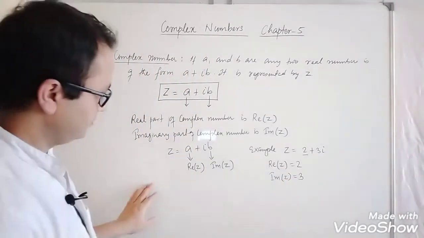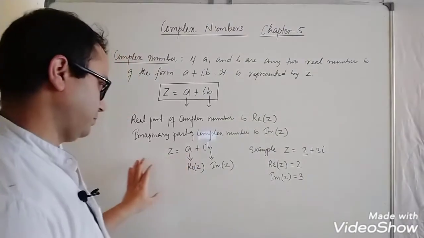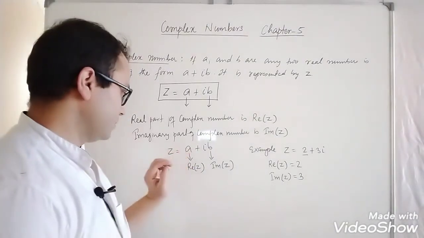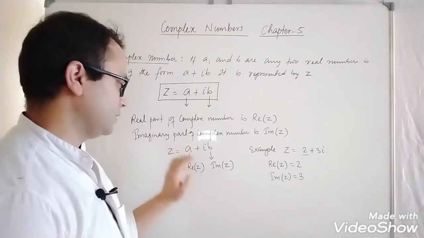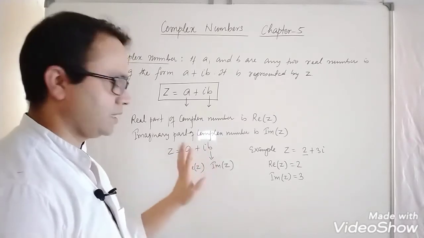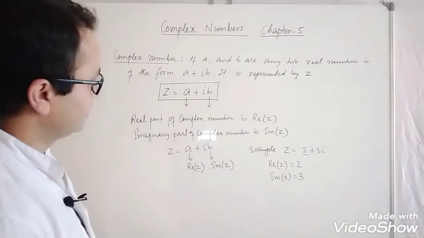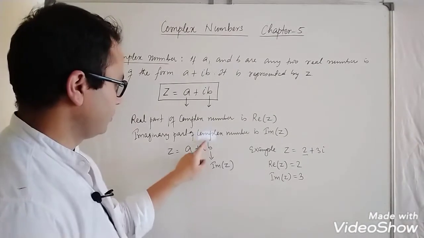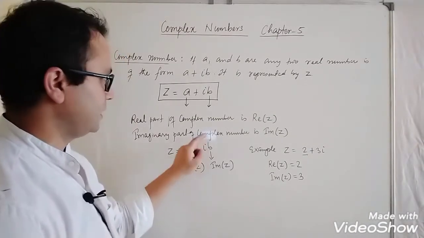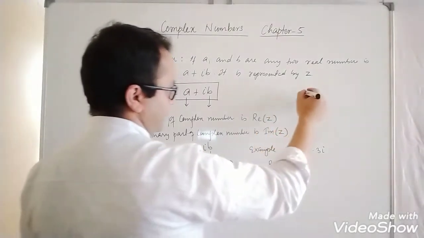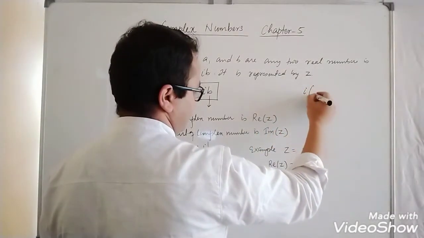We know that a is real and b is imaginary, but what is i? First we must know about i. i is known as iota.